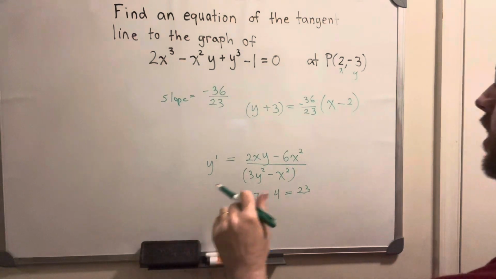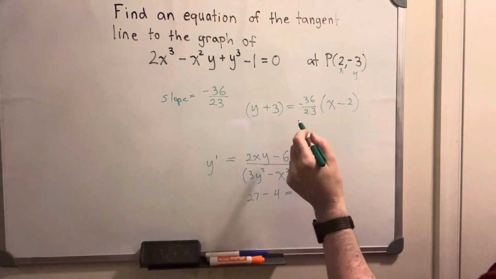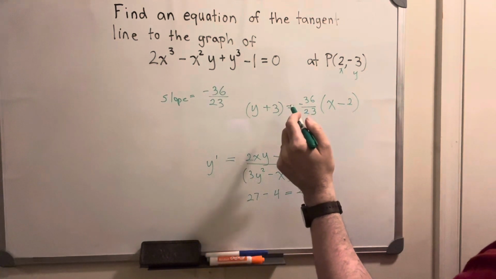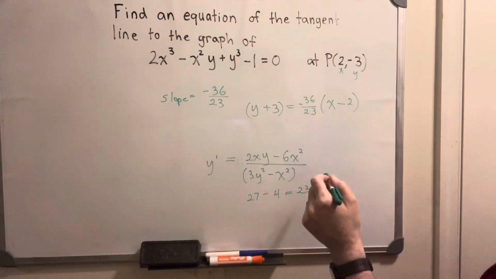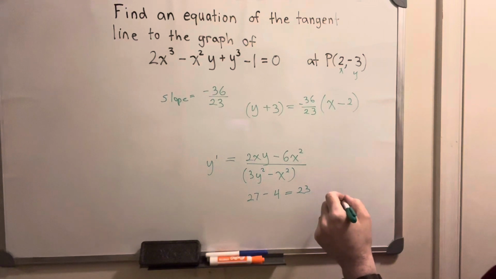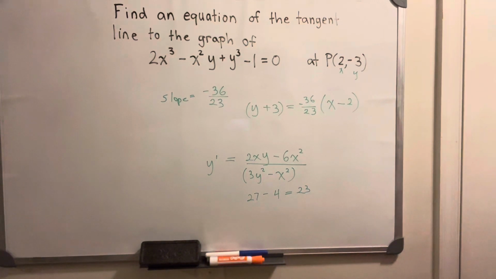So the equation of the tangent line was y plus 3 equals -36/23 times x minus 2.